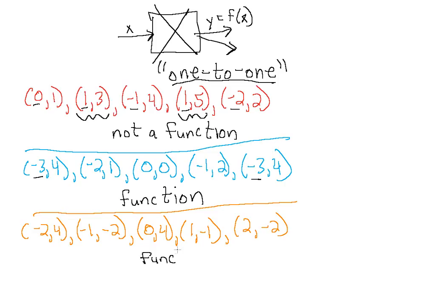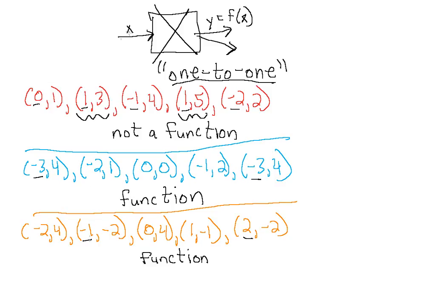There are no points that share the same x value and spit out different values. This actually doesn't share any x values at all. Now notice we can go in the opposite direction. We have two values here, -1 and 2, that spit out the same output of -2. That's okay.